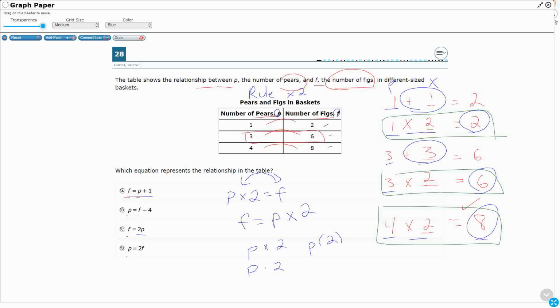I could also do what they did here. Whenever you have a number and a letter, this number is called our coefficient, and this letter is called our variable. You can simply put them right next to each other without any operation, and if a number and a letter are next to each other, that means multiplication. So that's what we're looking for, and our answer here is C.